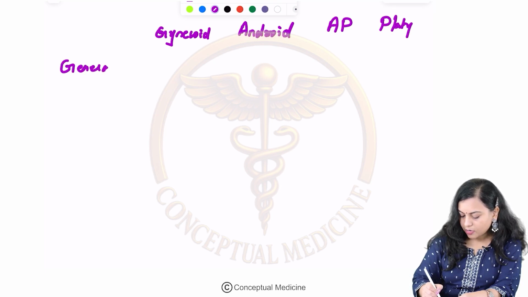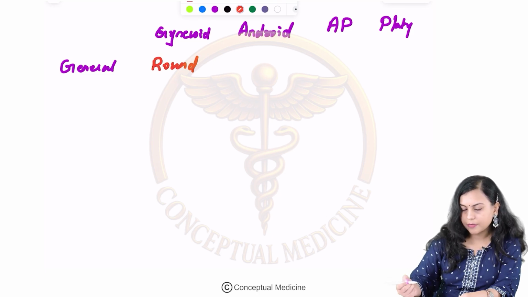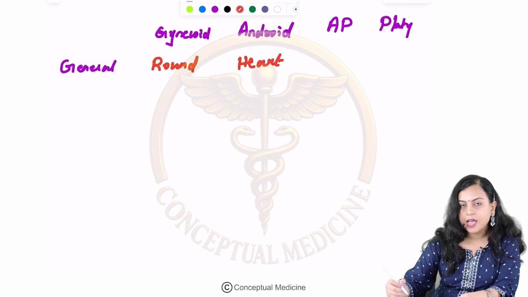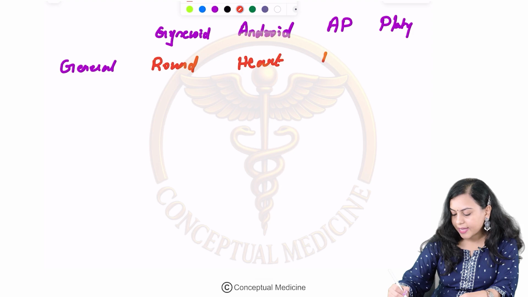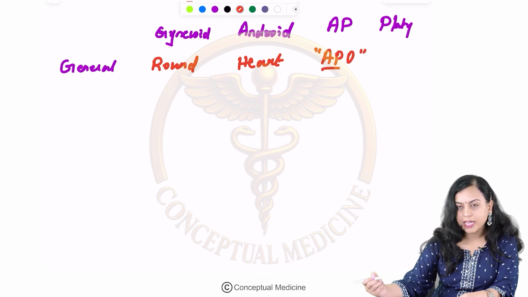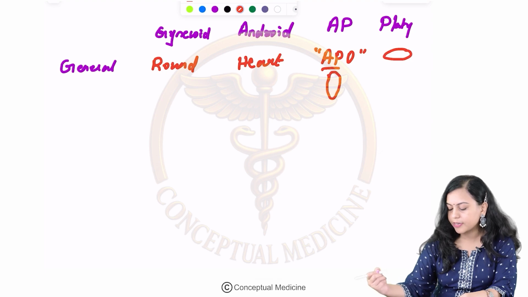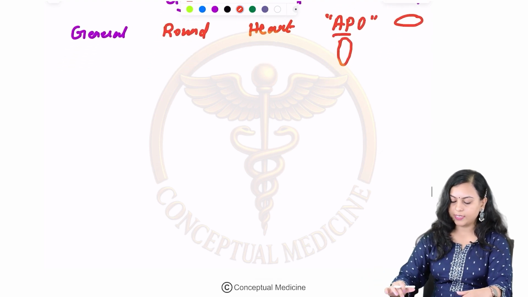We have already seen the general representation of the gynecoid pelvis. It is round in shape, whereas android pelvis is heart-shaped. Anthropoid pelvis is again AP, that is anteroposteriorly oval, whereas platypelloid pelvis is transversely oval. So, this is anteroposteriorly oval and this is transversely oval.